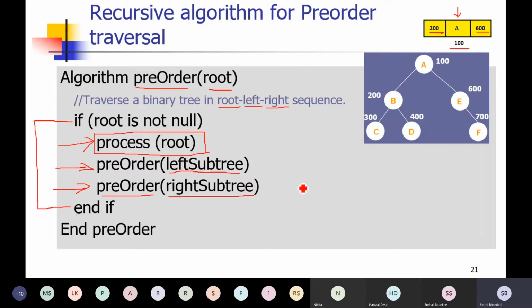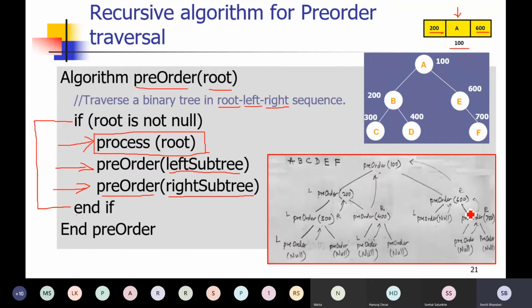The first call of this pre-order algorithm will be pre-order with the address of this root node. The address of this root node is 100. So this is how we can show the recursive calls to this pre-order algorithm whenever we are traversing this given tree.